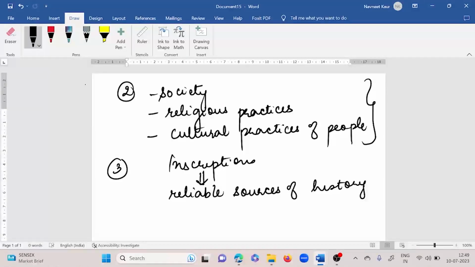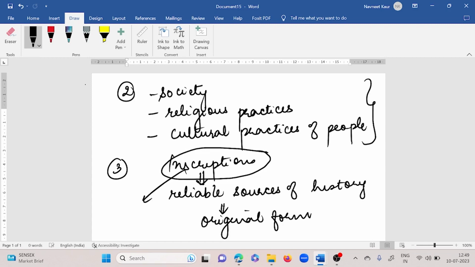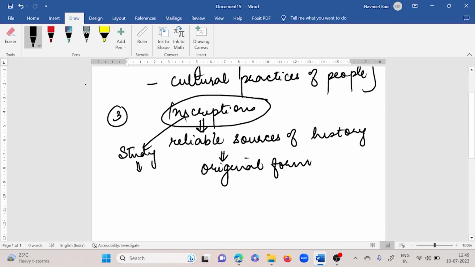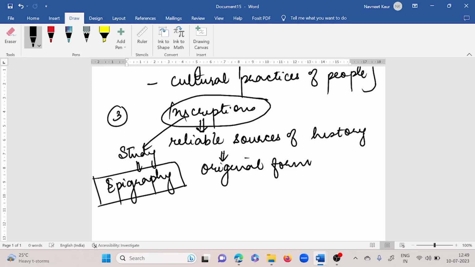Why? Because they come to us in their original form. The study of inscriptions is known as epigraphy. So what is the study of inscriptions known as? Epigraphy. Fine.